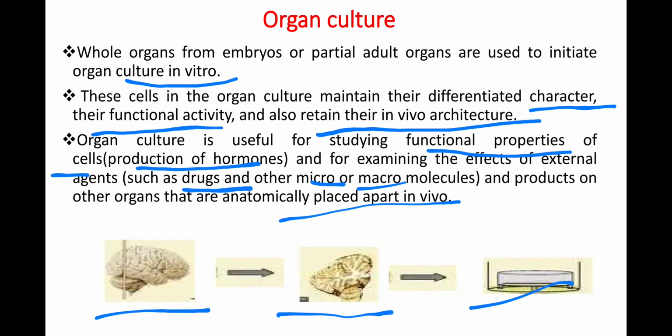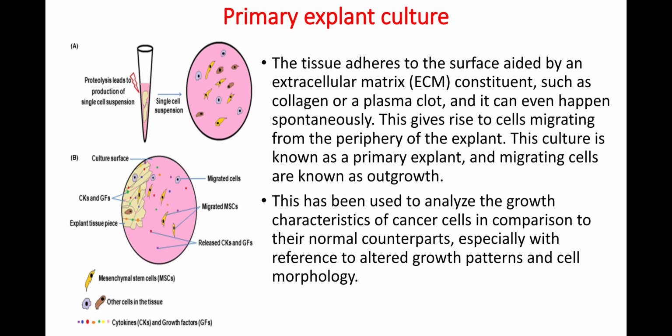Now we move toward primary explant culture. What is a primary explant culture? We first understand what it is. The extracellular matrix constituents, such as collagen or plasma clot, can even be added, leading to tissue adherence.